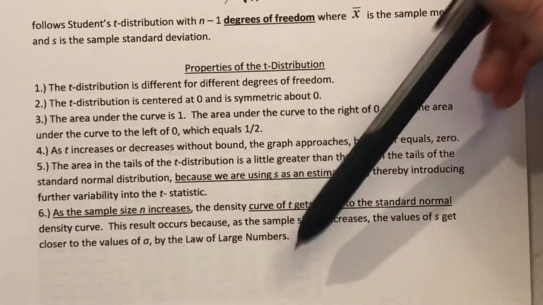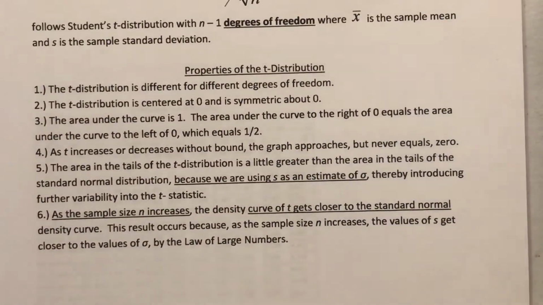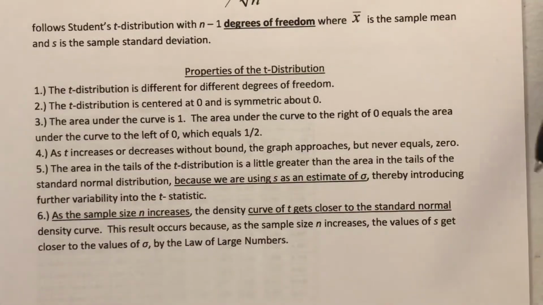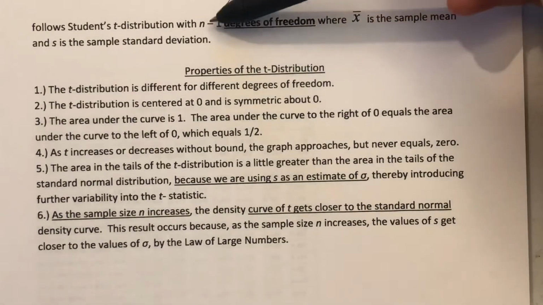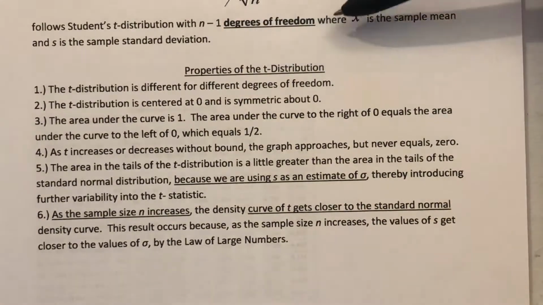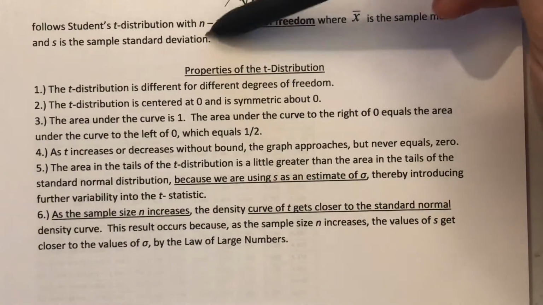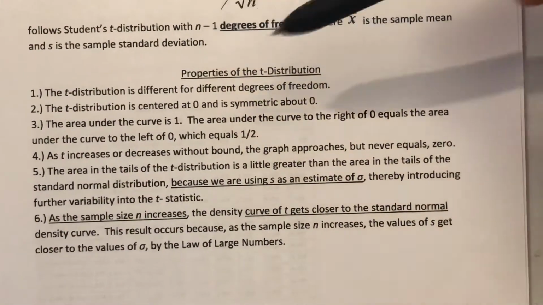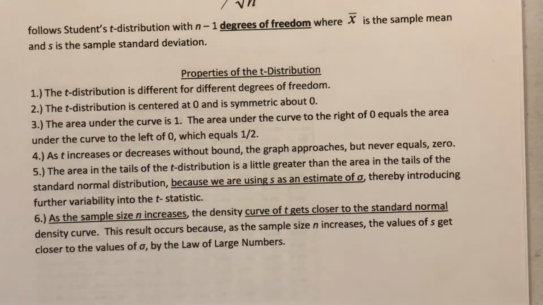And the properties down here, you'll notice many of them are exactly the same as we had for the normal bell-shaped curve. But the idea here is that it involves something called degrees of freedom, where, depending on your sample size, the exact distribution of that close-to-normal curve can change slightly.